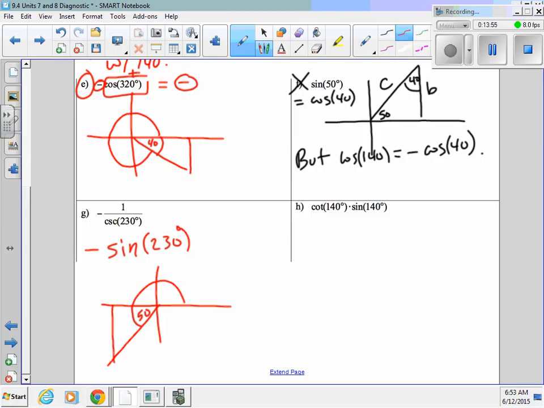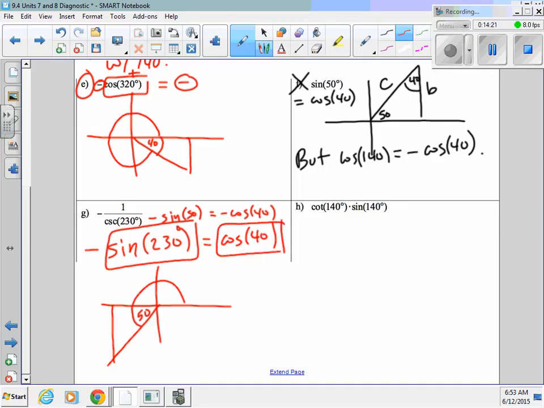So sine of 230 is the same as the negative sine of 50, which is the same as negative cosine of 40. But we have the negative cosine of 40, which is just cosine of 40. And so this is not correct for the same reason.